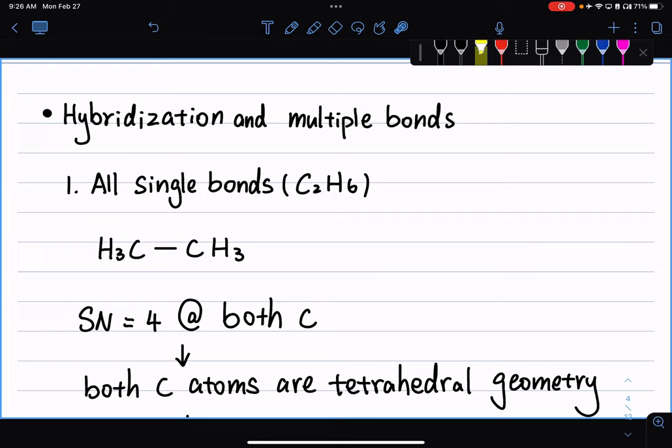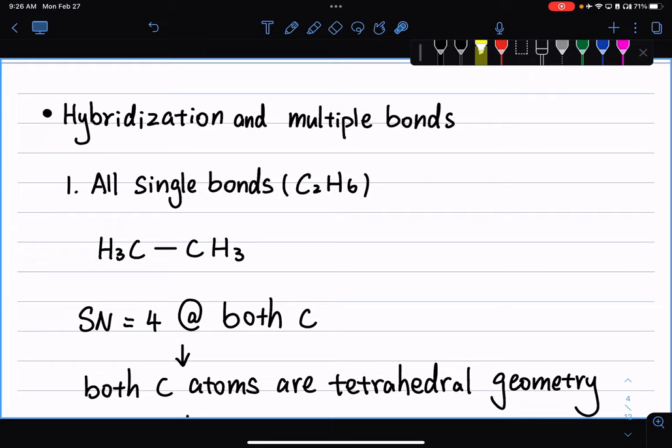So what we're showing here are some examples of how to use hybridization and valence bond theory to describe some of the very fundamental things you need in organic chemistry, or multiple bonds.